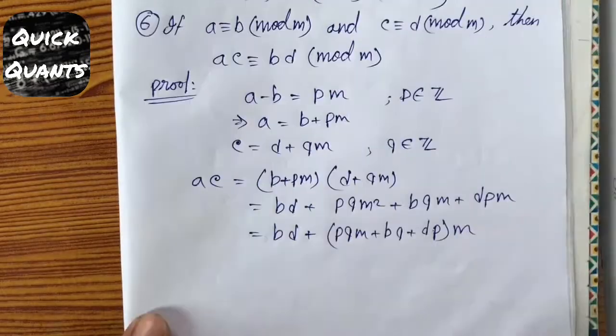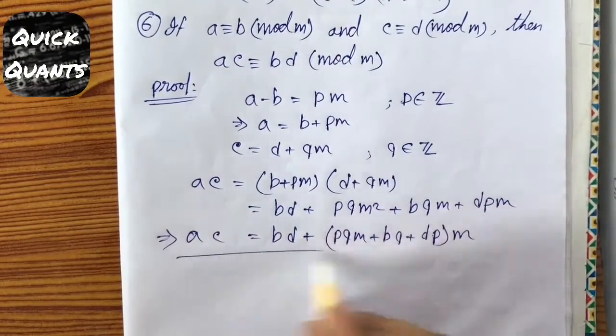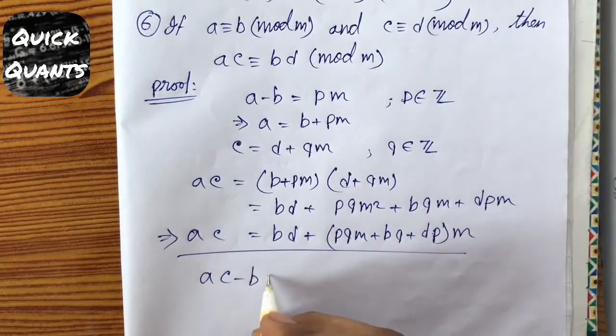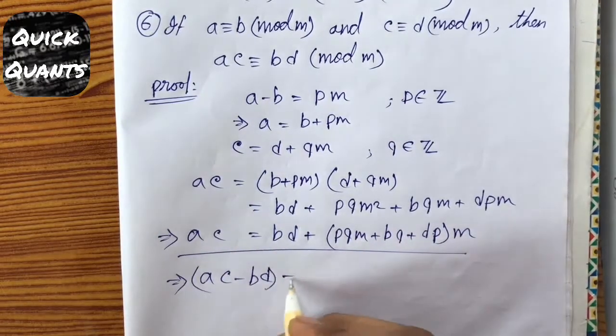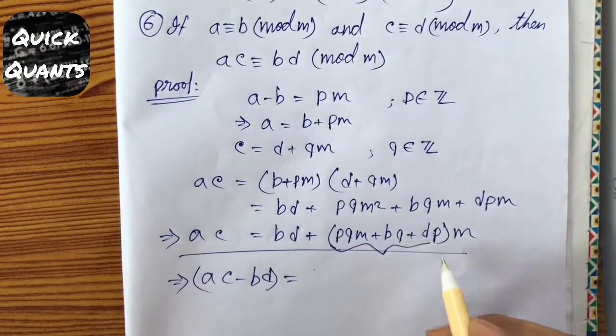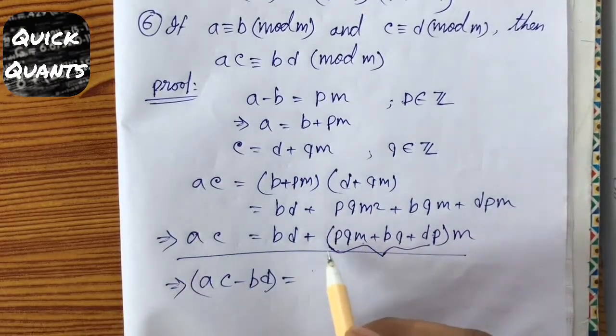Now we get AC equals this, and AC minus BD equals M times (PQM plus BQ plus DP).